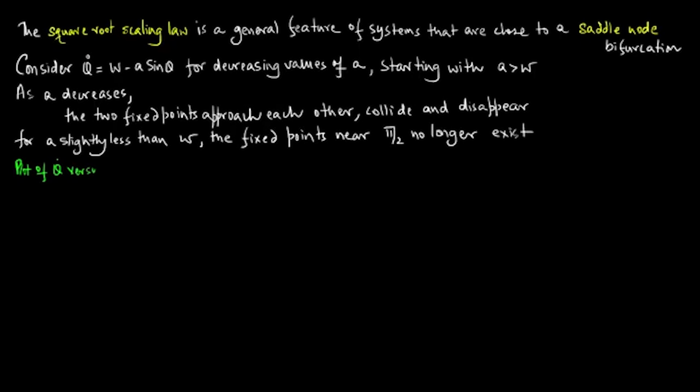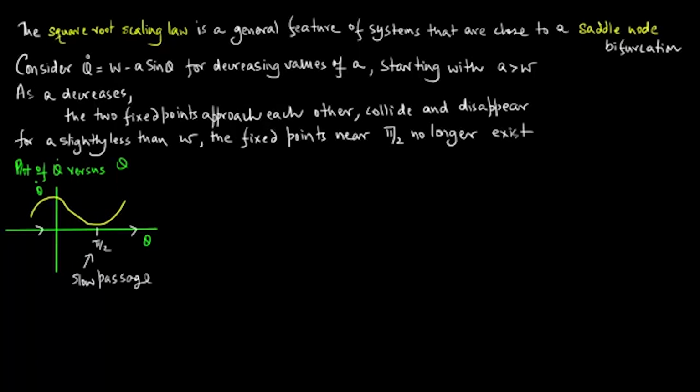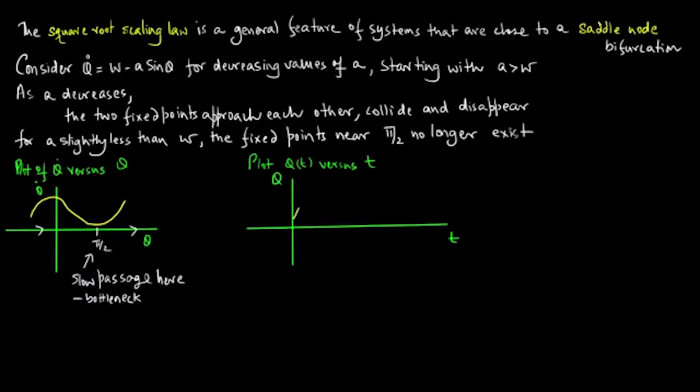So now we plot theta dot versus theta, and we highlight the area of slow passage, which represents the bottleneck. Now let's plot theta versus t. And the long stretch is where we have the bottleneck.